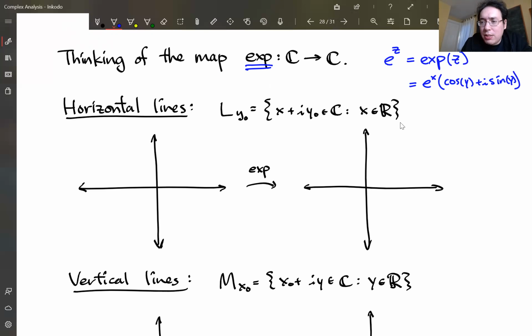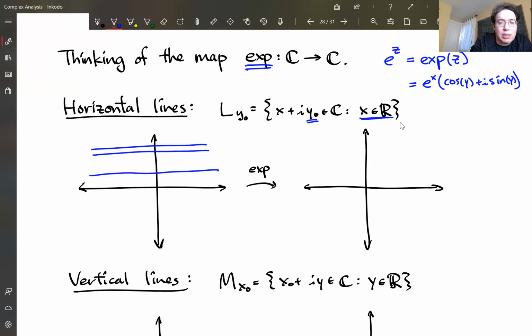Okay, so let's try to understand what this function is doing. Let's see horizontal lines and see how that gets mapped. So if I fix some imaginary part, why not? And x could be any number. So I'm looking at horizontal lines that look like this.